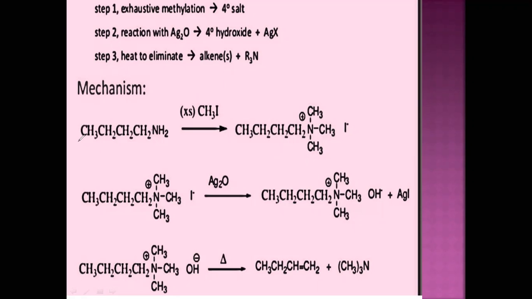So we have taken this amine. Now it reacts with this methyl iodide. We get this quaternary ammonium compound. Now this quaternary ammonium compound reacts with moist Ag2O. It reacts with Ag2O.